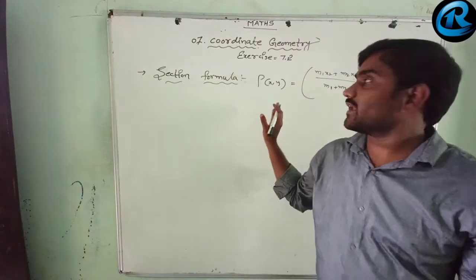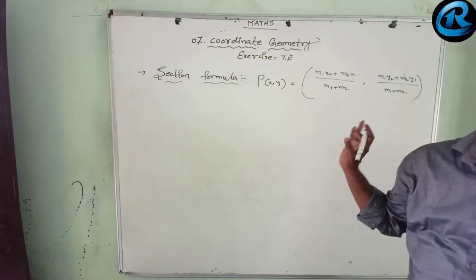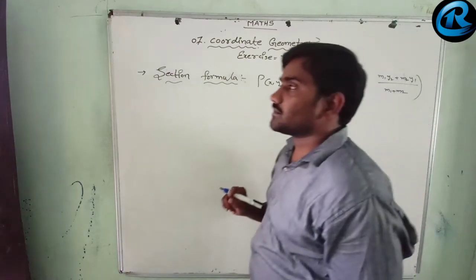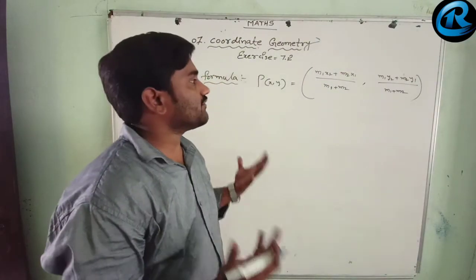So P(x, y) equals (m1 x2 plus m2 x1) by (m1 plus m2), (m1 y2 plus m2 y1) by (m1 plus m2).